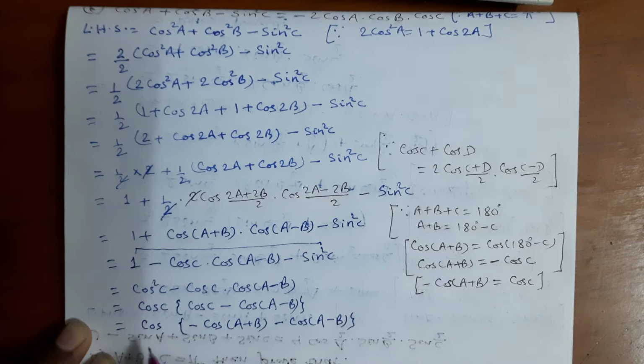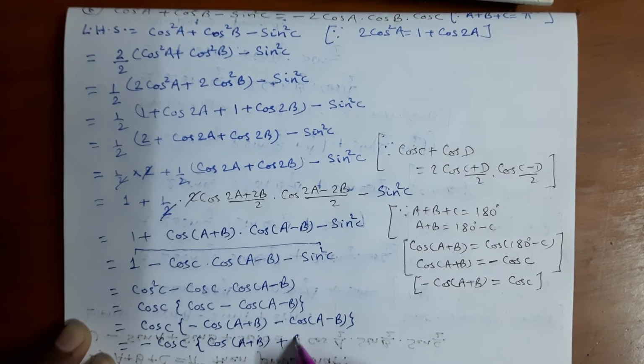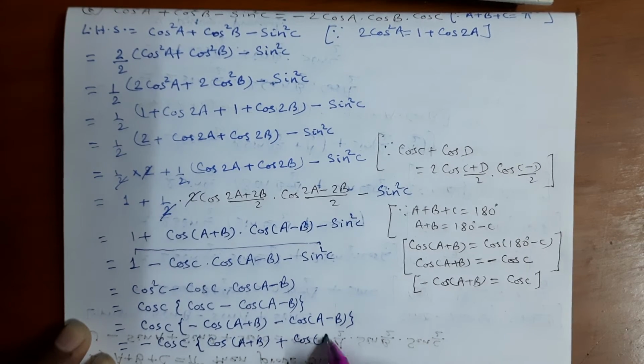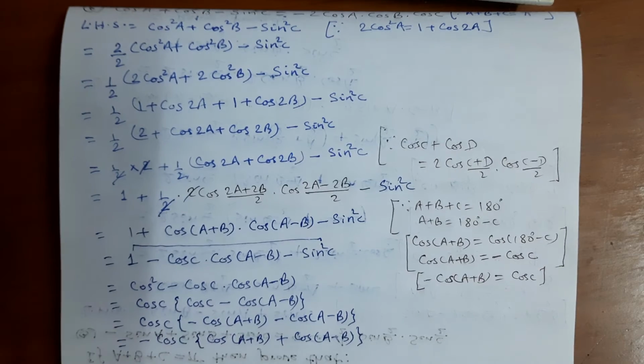And from this, minus is common, so we can write minus cos C, cos A plus B plus cos A minus B in curly bracket. Okay, we can write like this way.